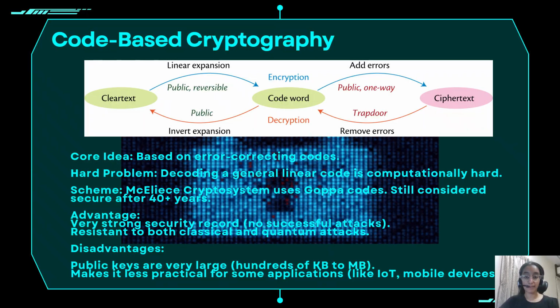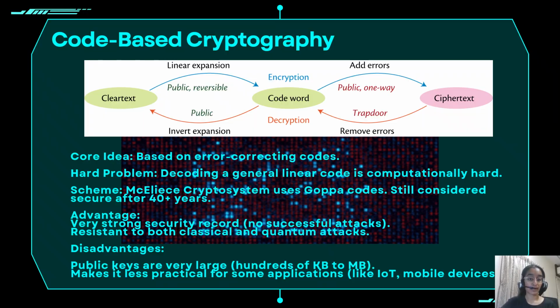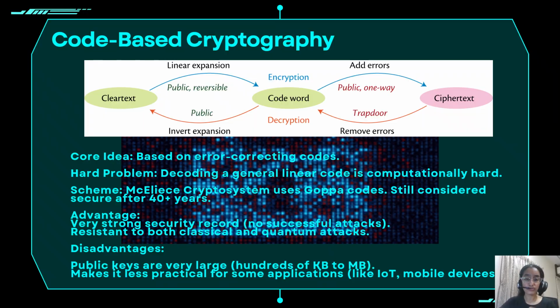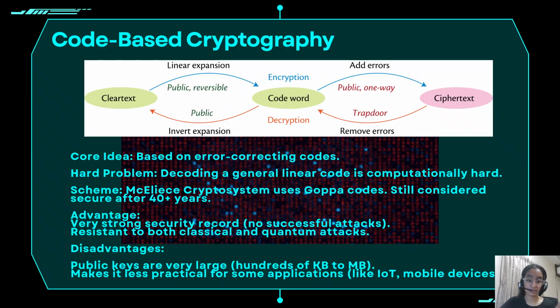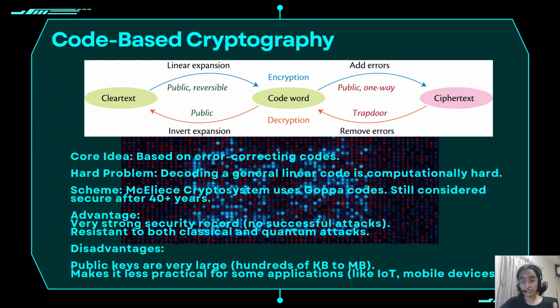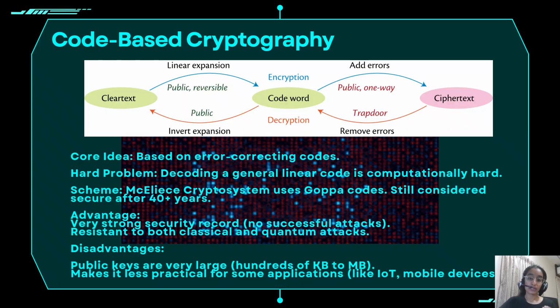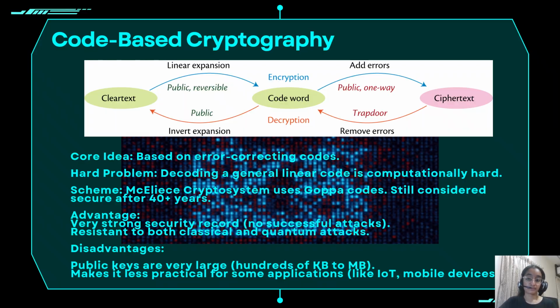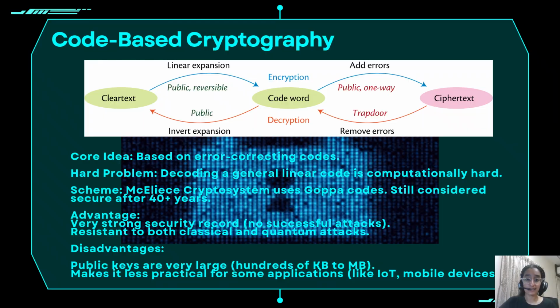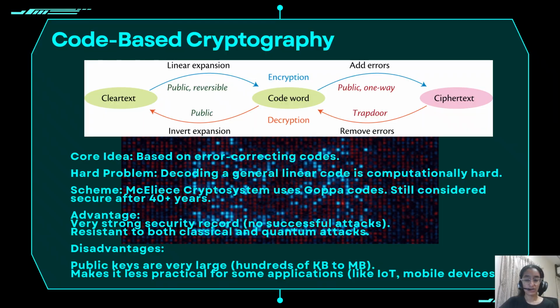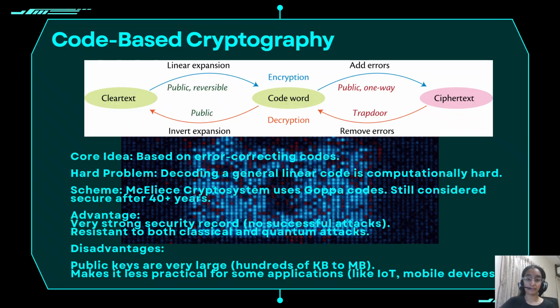In simple words, imagine you receive a message full of typos. If you don't know the rules of the code, fixing the message is extremely hard, right? But if you have a dictionary or secret rules, you can correct it really quickly. This is what McEliece secures. Outsiders see only a scrambled message full of errors while the rightful owner knows how to repair it.